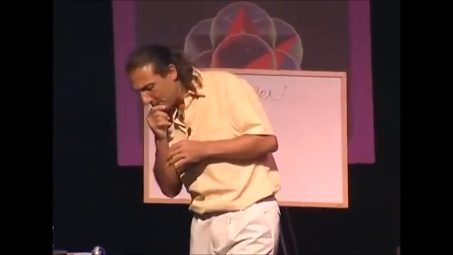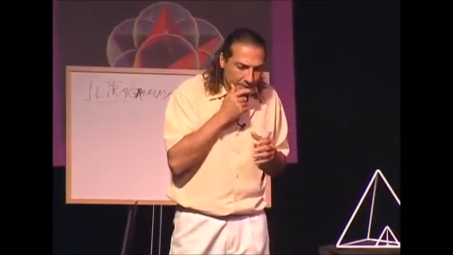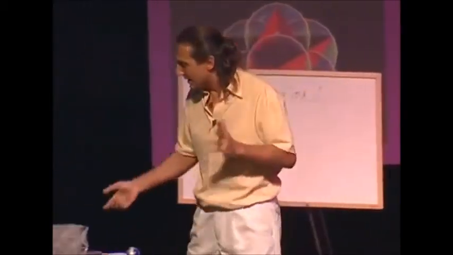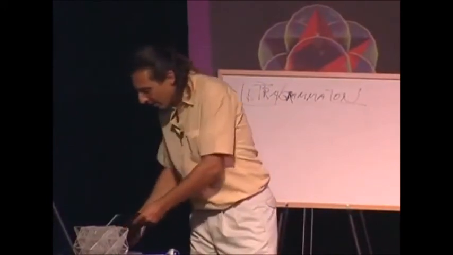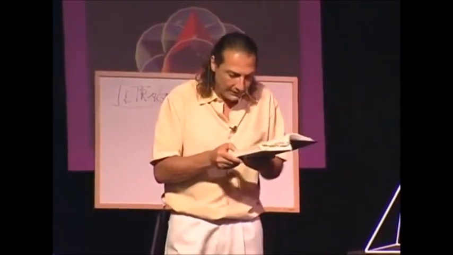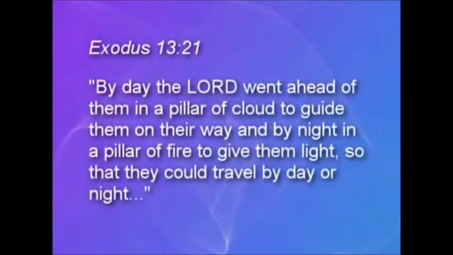So I was confused because when I read the crossing of the Red Sea, I was struck that it said here, by day the Lord went ahead of them. They are going towards the Red Sea, fleeing from Egypt. It says, by day the Lord went ahead of them in a pillar of cloud to guide them on their way, and by night in a pillar of fire to give them light, so that they could travel by day or night.